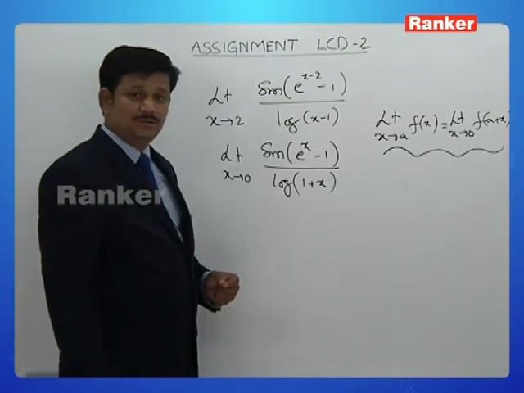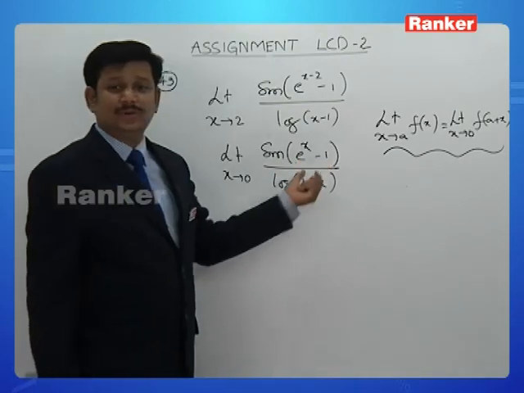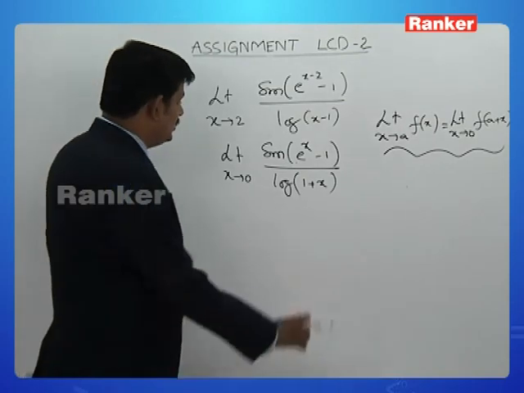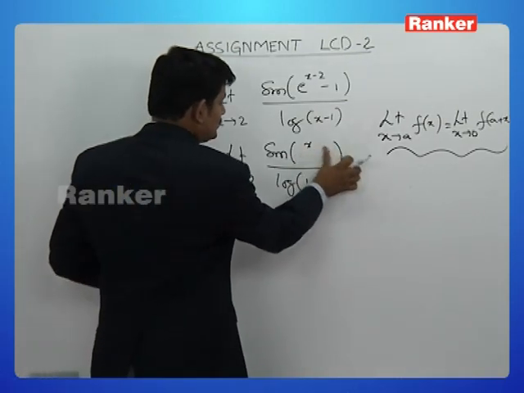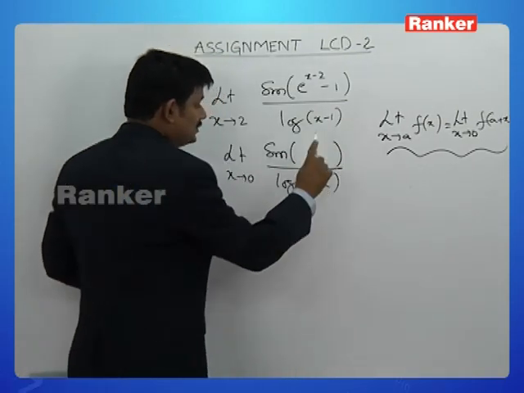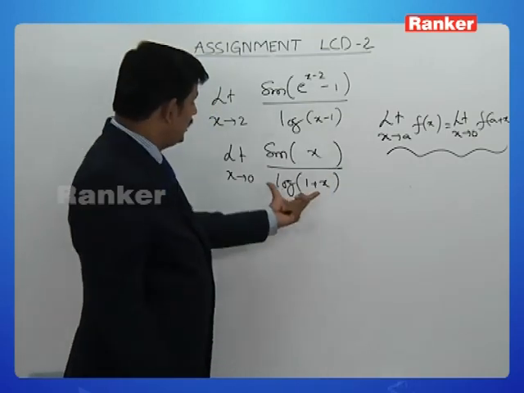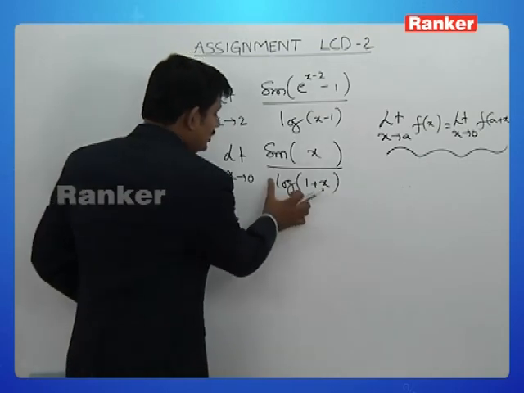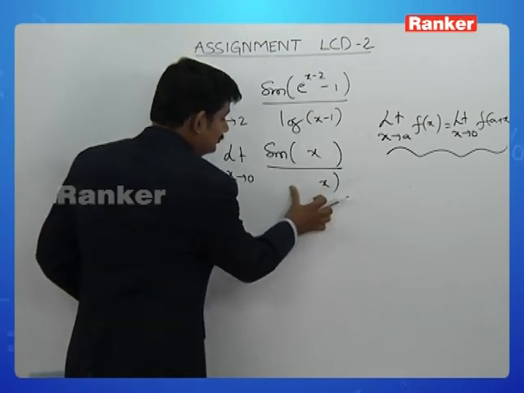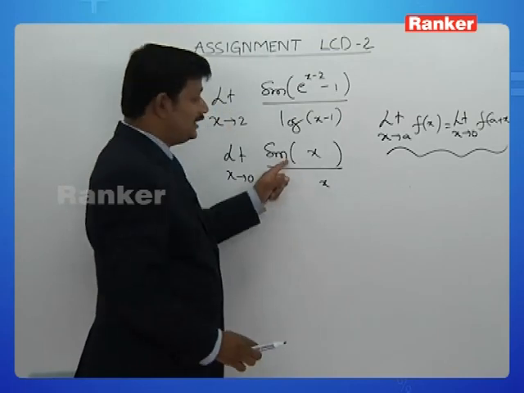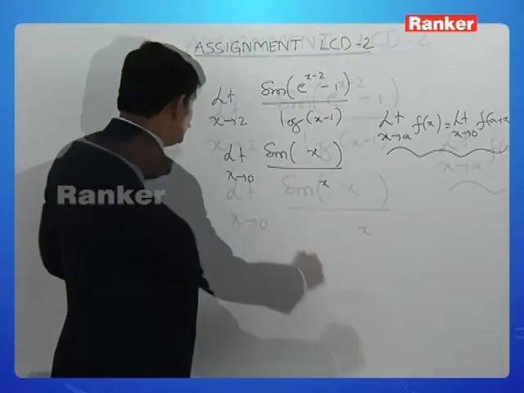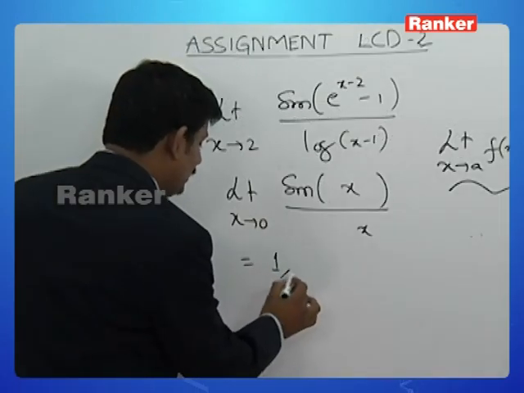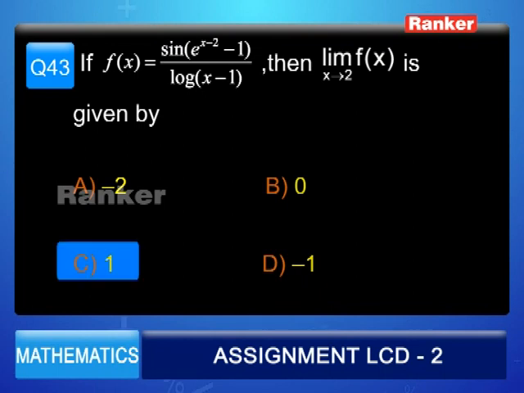As x tends to 0, (e to the power x minus 1) by x is 1. So, e to the power x minus 1 is equivalent to x. This we can replace by x. Log of 1 plus x by x is also 1. So, log of 1 plus x can be replaced by x. And sin x by x we know is 1. So, the answer for this question would be 1, which is option C.